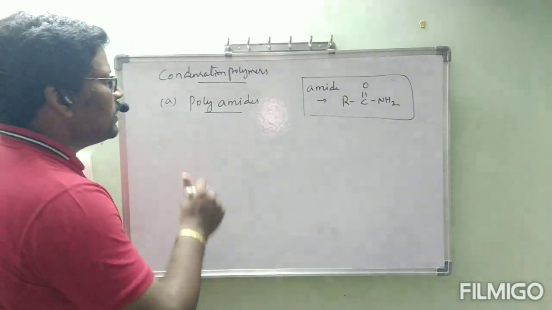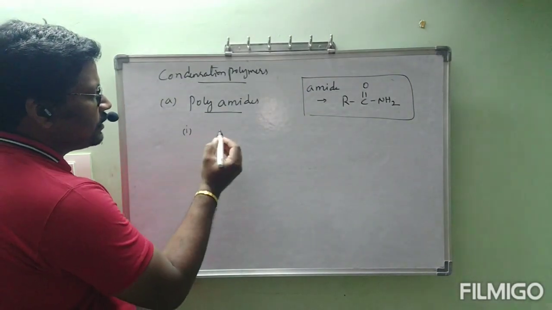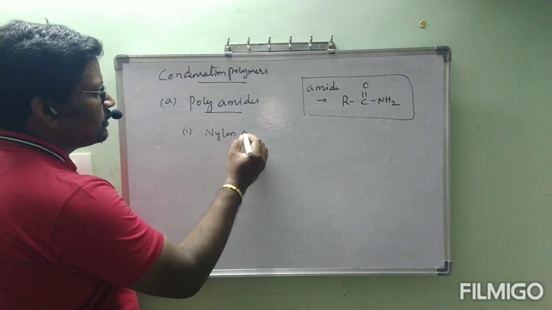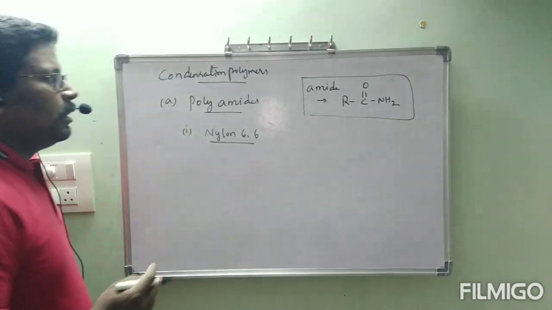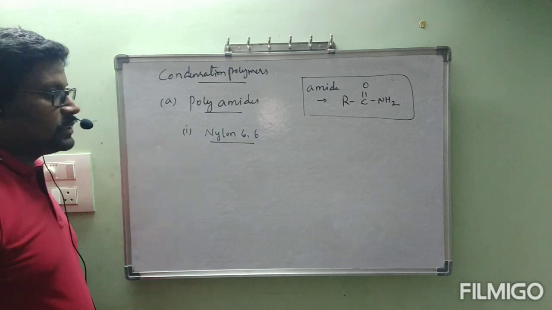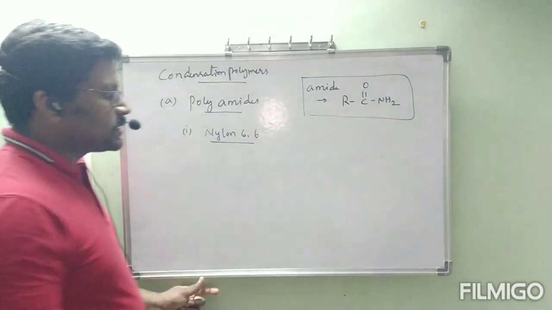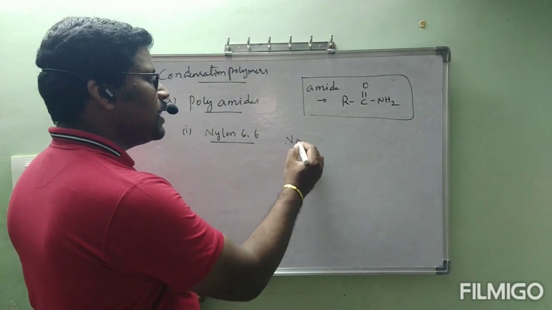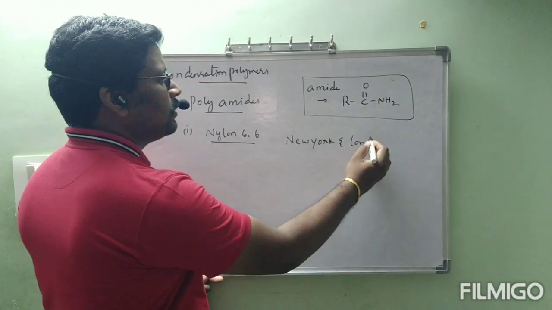Okay. Under this polyamide, A, the first example is nylon 6,6. This nylon 6,6 was discovered by scientists who belong to New York and London.